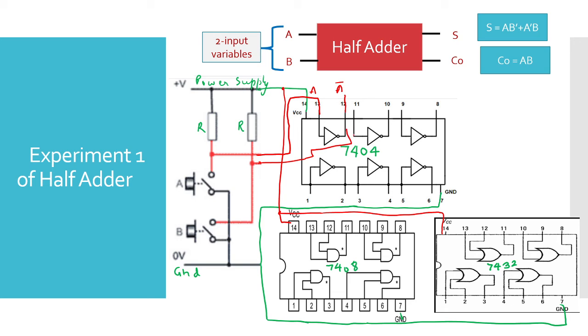This is the input, so you connect the B terminal here. Pin 11 you are giving the signal B as input, and at pin 10 you will get the B complement. So A complement and B complement are available at the hex inverter outputs.